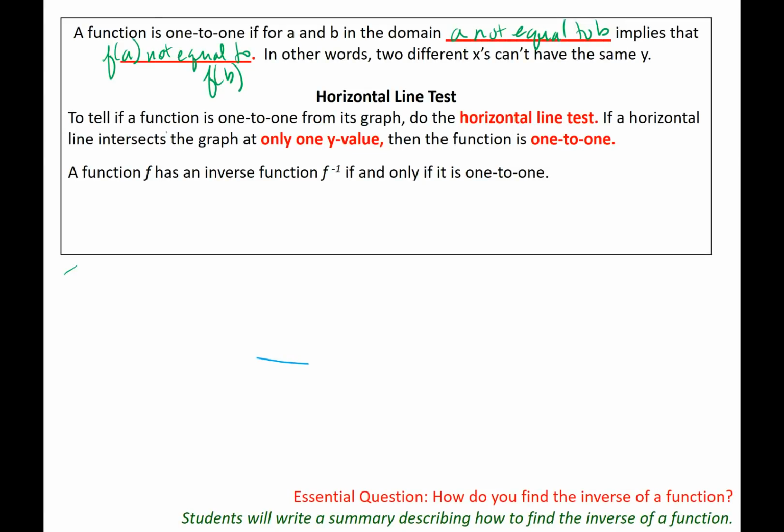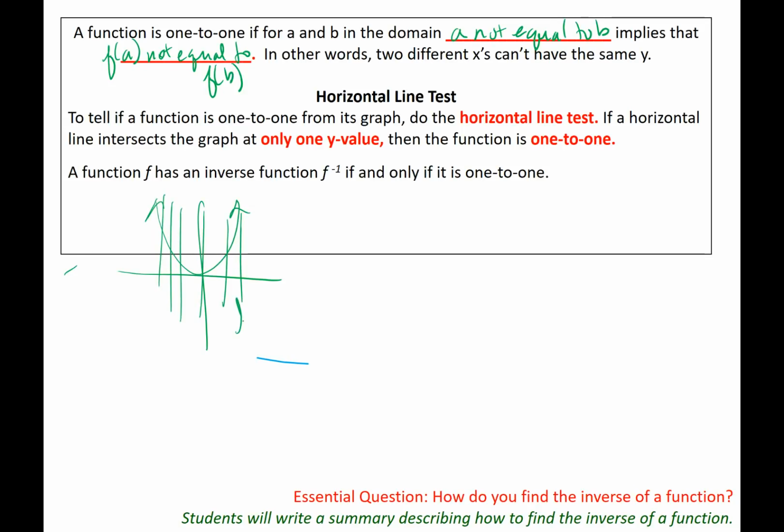So the way that we test that is that to tell if a function is one-to-one from its graph, do the horizontal line test. If a horizontal line intersects a graph at only one y value, then the function is one-to-one. A function f has an inverse function, f inverse, if and only if it is one-to-one. So what they're saying here is we could do the horizontal or the vertical line test to decide if something is a function.